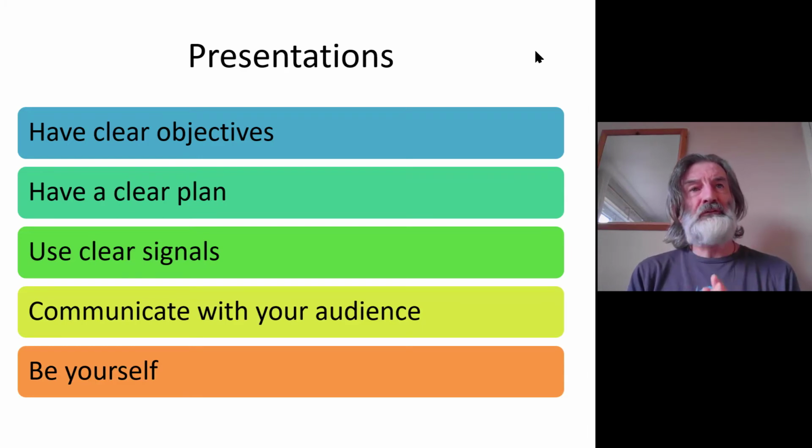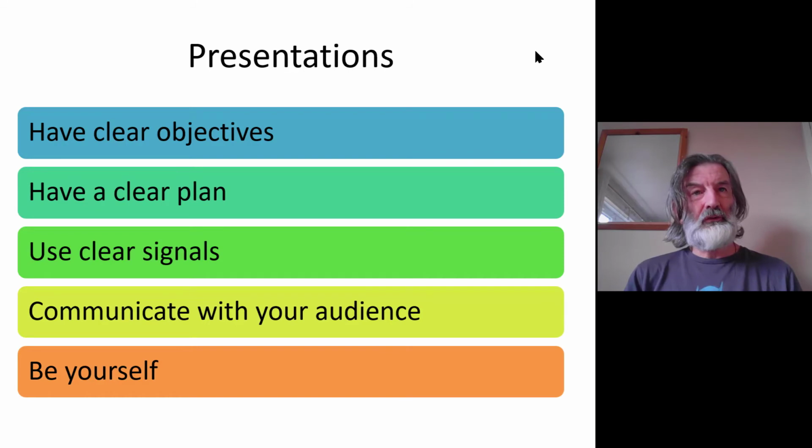And if you have clear objectives that you seek to follow, then in that way you will definitely have a clear plan of how you're going to go about it. You develop those objectives and you make them what we call operational, make them doable, and you've got to have a clear plan to do that. So once you have your objectives, you say, how are we going to achieve them? Well, we're going to do it this, this and this.